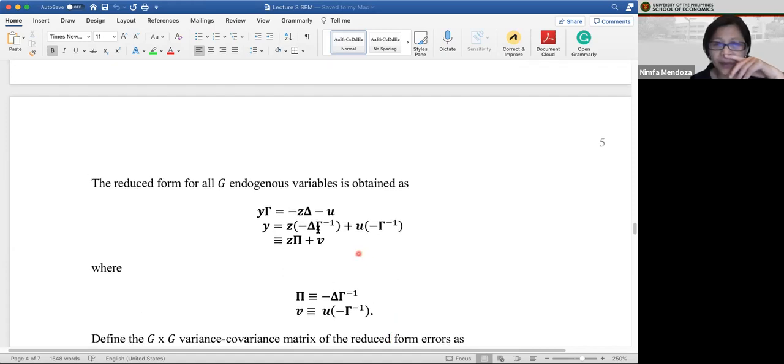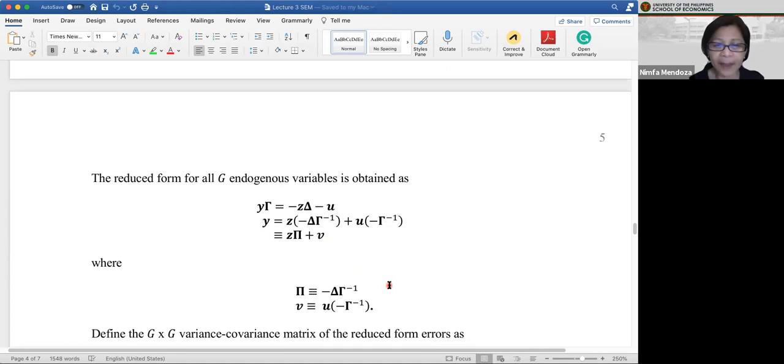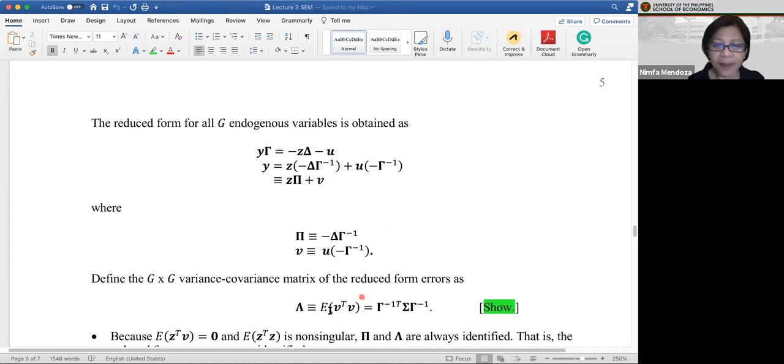So this is the reduced form. Note that for this reduced form, the disturbance term, we would like to get the variance covariance matrix of V. That would be a G by G matrix.